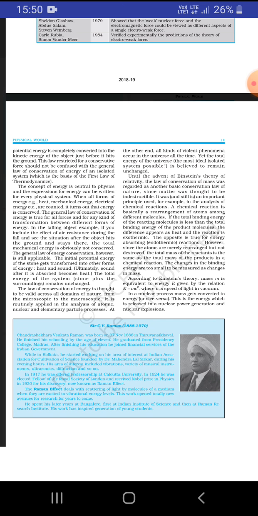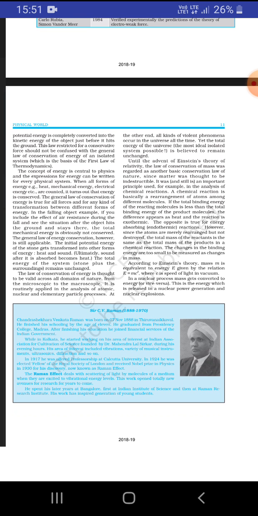Until the advent of Einstein's theory of relativity, the law of conservation of mass was regarded as another basic conservation law of nature, since matter was thought to be indestructible. This principle was used, for example, in the analysis of chemical reactions.